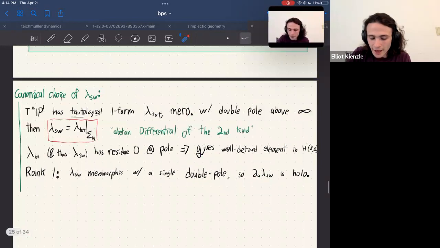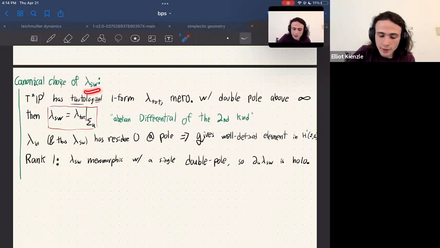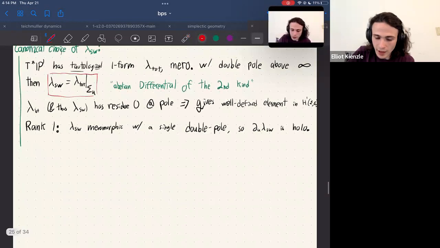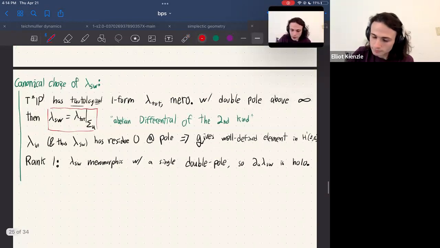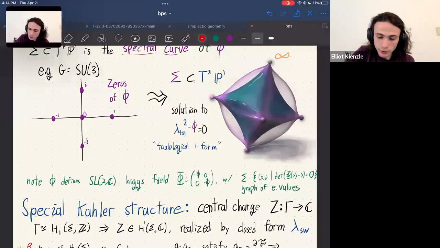And in fact, let me see. Yeah, we can actually realize these. I've been talking about these differentials all this time, and I didn't actually tell you what they were. There's a very canonical way to do it, which is to think about them as tautological one forms. Remember, we are characterizing our curve as a spectral curve. It's sitting inside of a cotangent bundle.